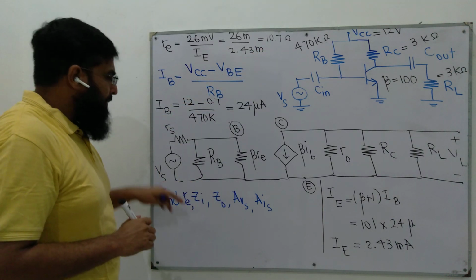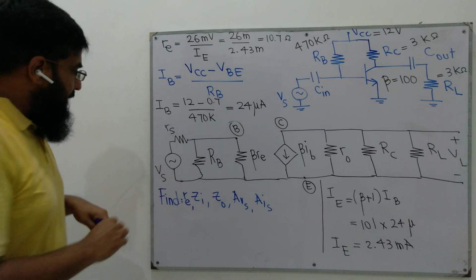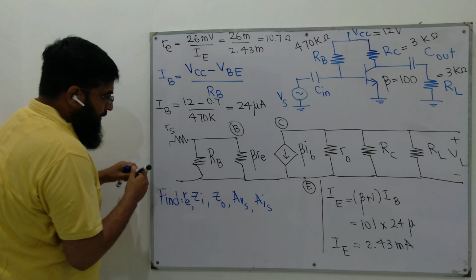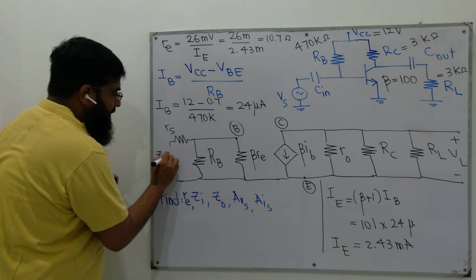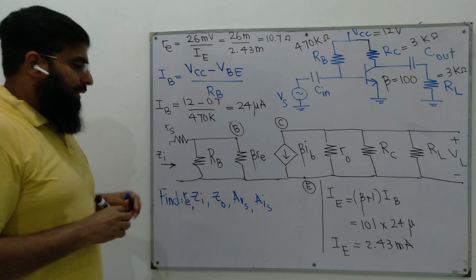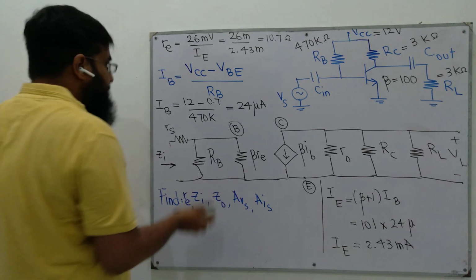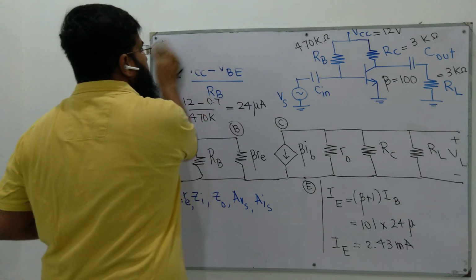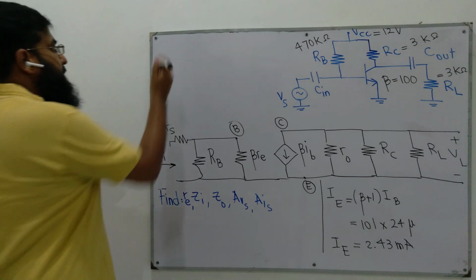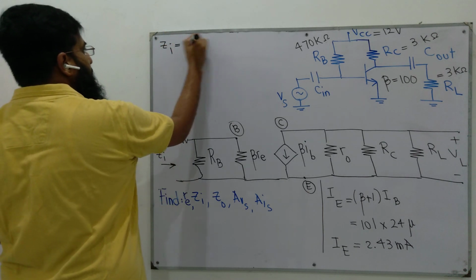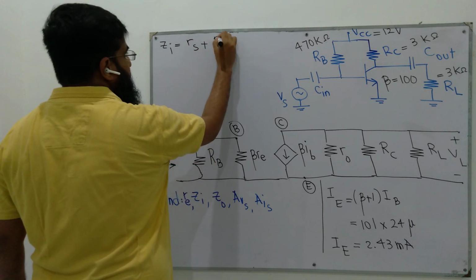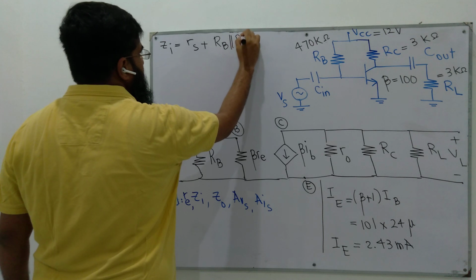The next is Zi. From this equivalent model, we can see that the impedance seen at this terminal is the parallel combination of these two plus this Rs. So Zi is Rs plus the parallel combination of these two resistors.